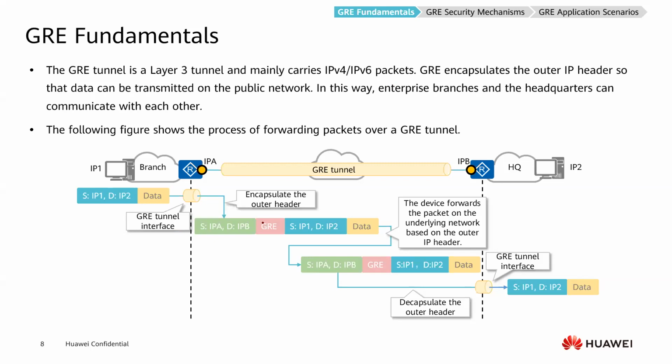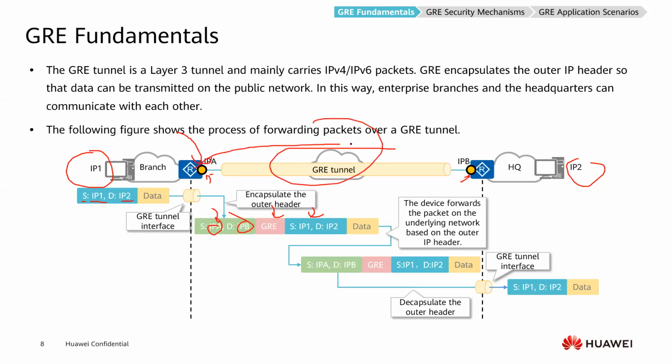Let's look at how GRE forwards a packet. As we said, GRE is a tunneling technology, and the working principle is the same. For example, I want to send from IP1 to IP2, so I create the packet with source IP1 and destination IP2, and send it out. When the packet reaches device A, which has interface address IPA on one side and IPB on the other, I put the outer header before the GRE header and the inner header, from A to B, across the internet.